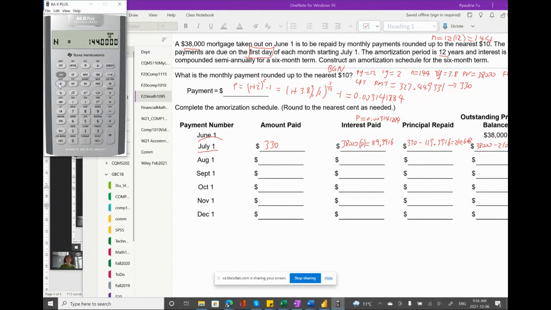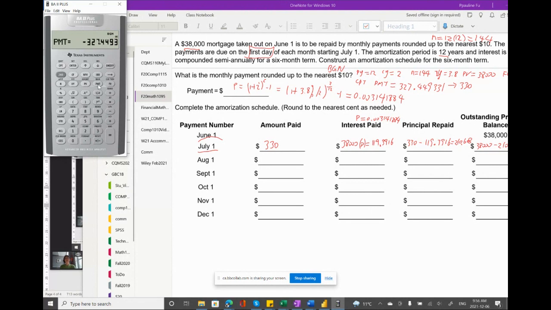And the interest is 3.8%. PV is 38,000. FV is 0.